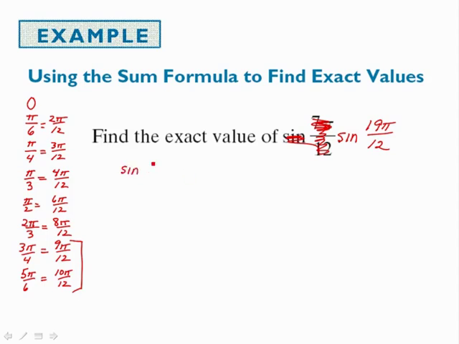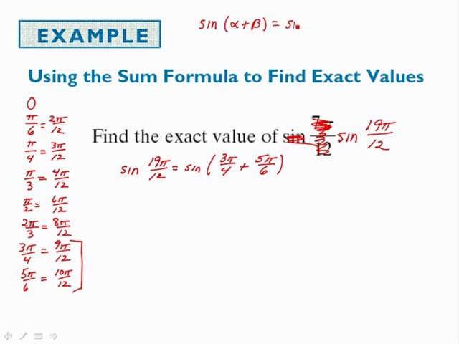So you might want to say that the sine of 19 pi over 12 equals the sine of 3 pi over 4 plus 5 pi over 6. I have the sine of a sum. So that's going to be what? Should I rewrite this for you?